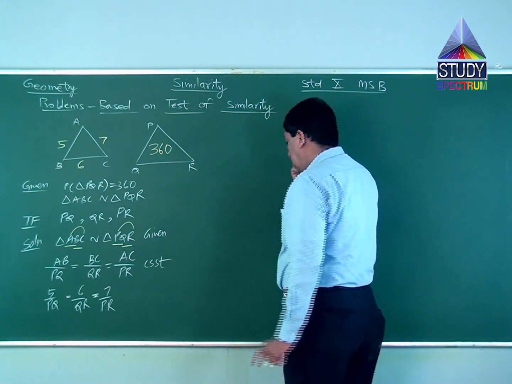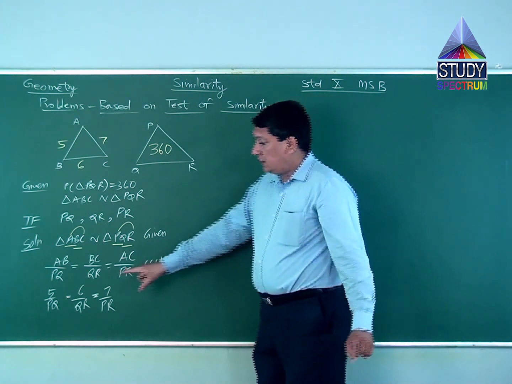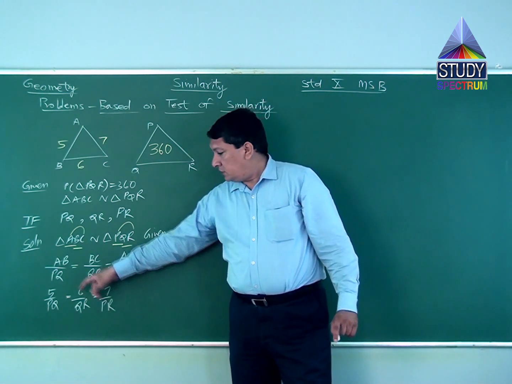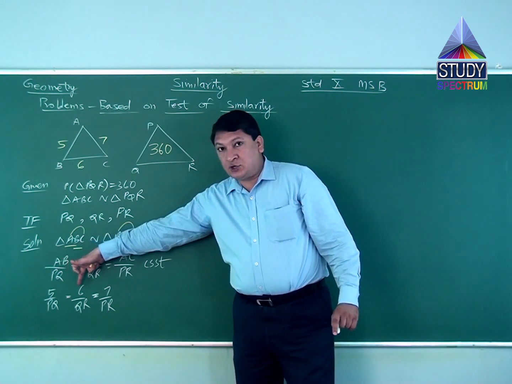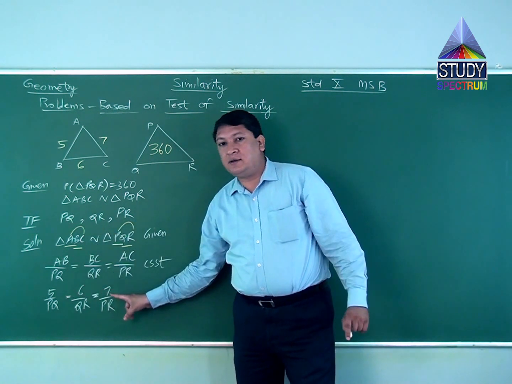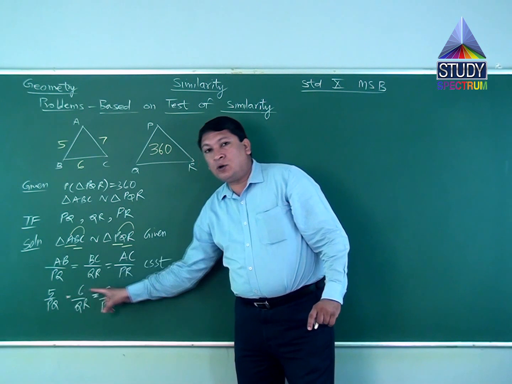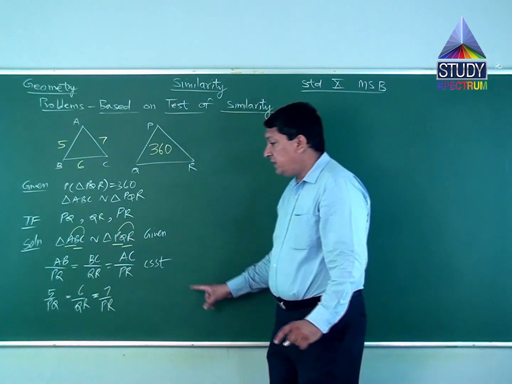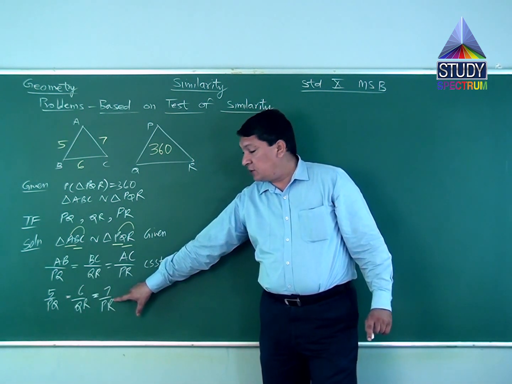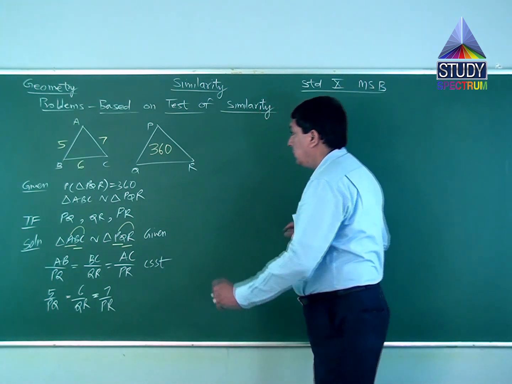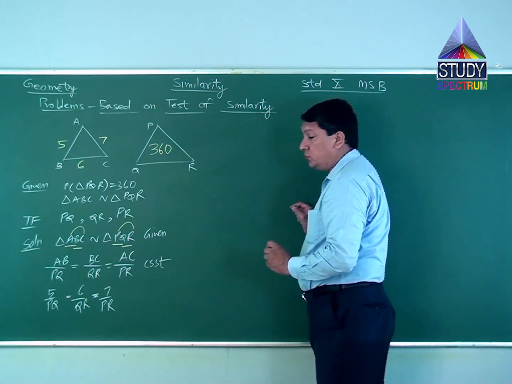Now after this, if you remember, we can add all these three ratios, or we can subtract these three ratios. You must have done this in your earlier classes. It is the theorem on equal ratio.